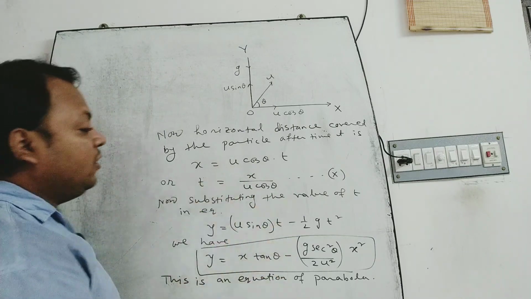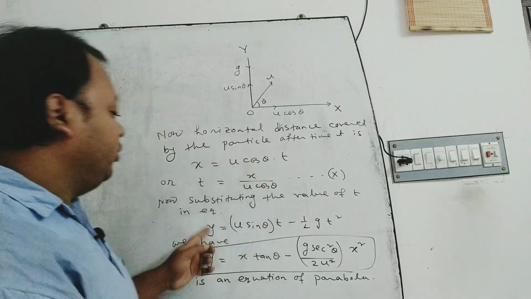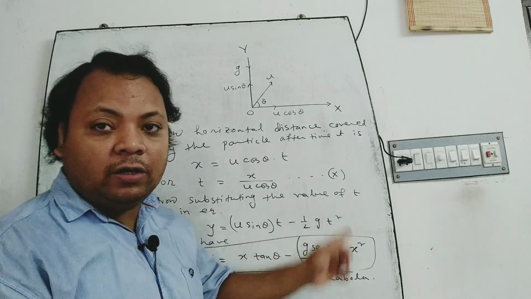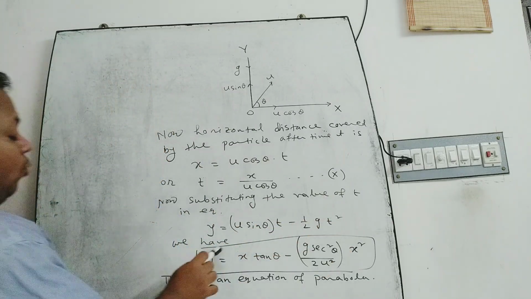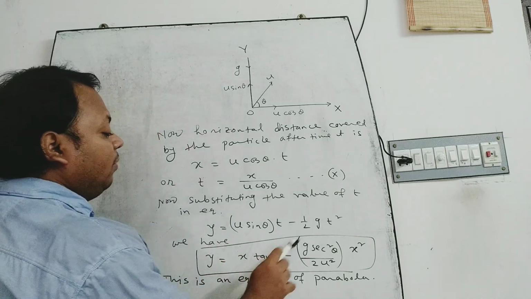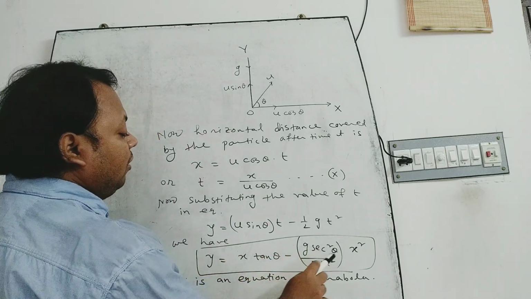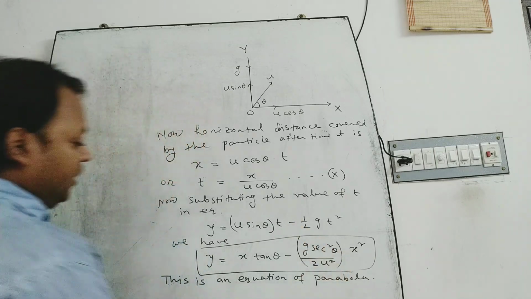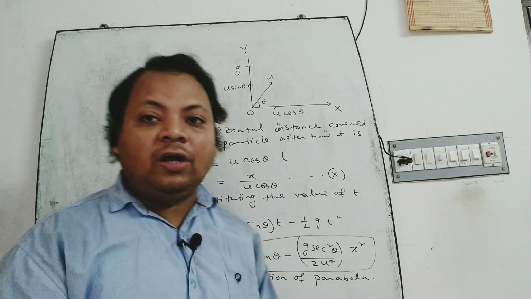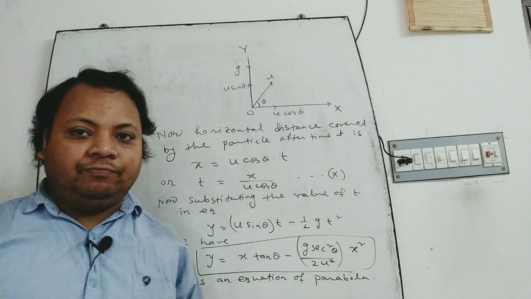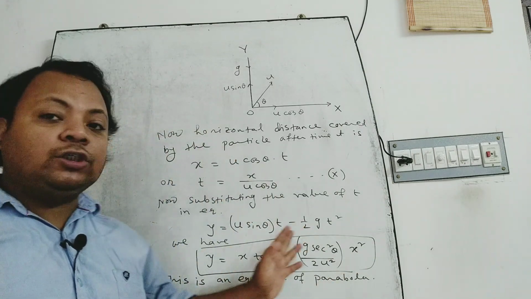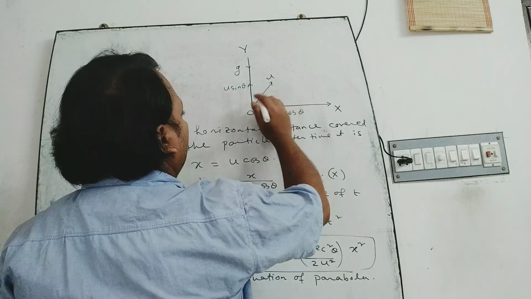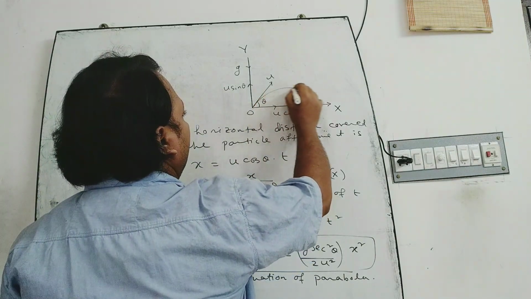Now, substituting the value of t in the equation y is equal to u sin theta t minus half g t square, we have y is equal to x tan theta minus g sec square theta by 2 u square x square. This is the equation of the path of the particle. This is an equation of a parabola. That's why the path of the particle becomes a parabola.